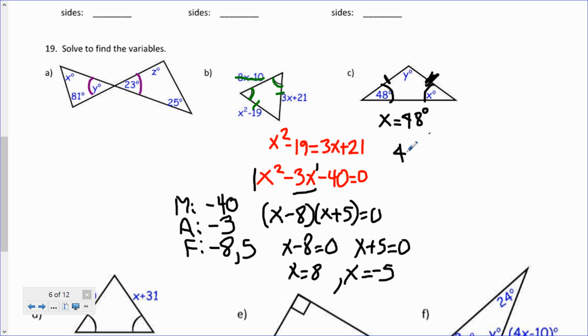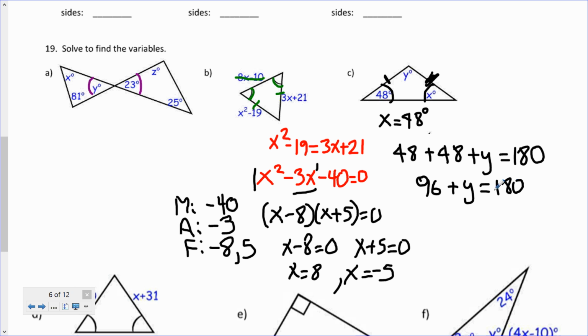So we have 48 plus x, well, we now know that x is 48 as well, plus y all equals 180 degrees. So 48 degrees and 48 degrees gives me 96. And then once you subtract 96 from 180, you end up with 84.